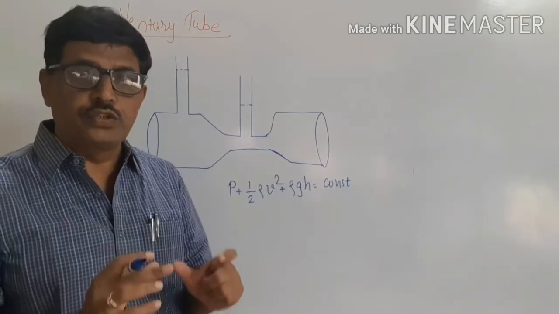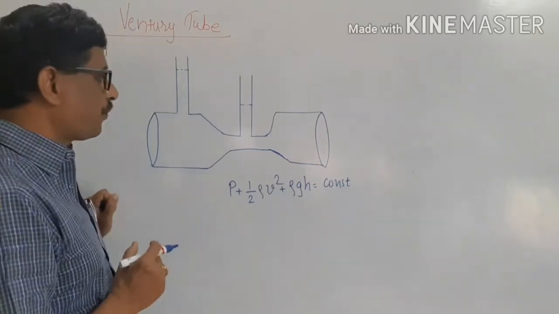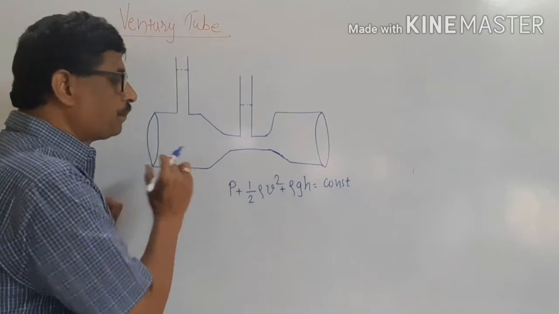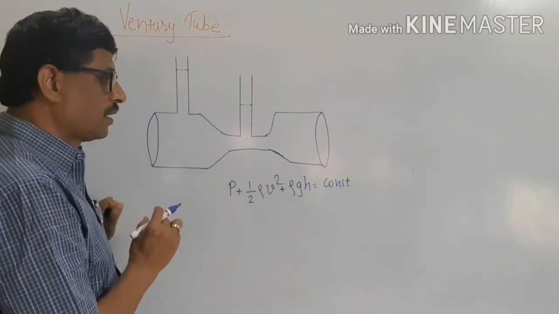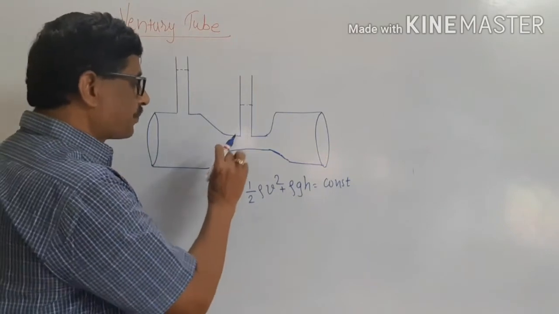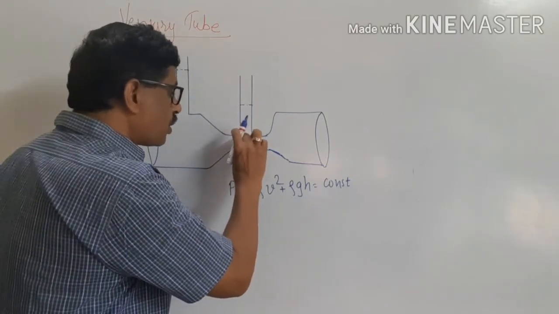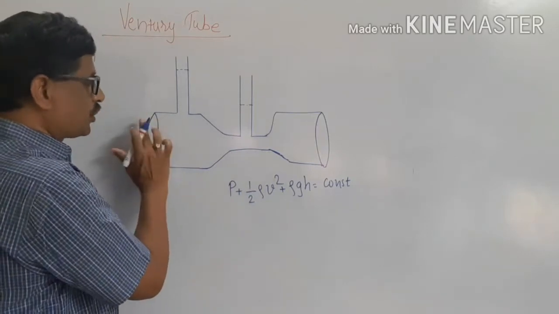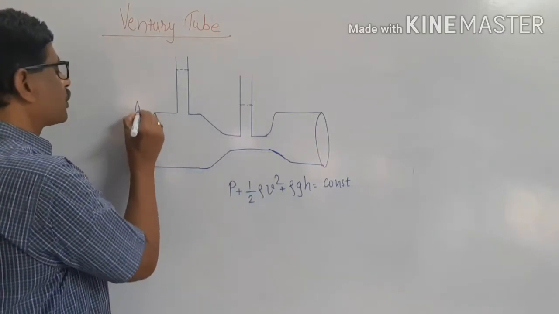This Venturi tube consists of a tube which has a small cross-sectional area in one region, and in another region the area of cross-section is more.